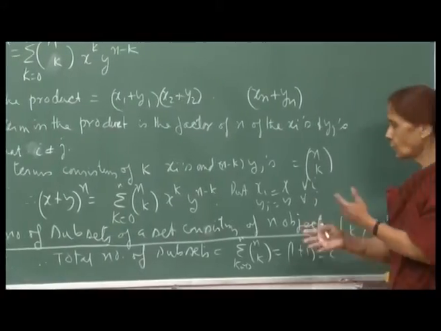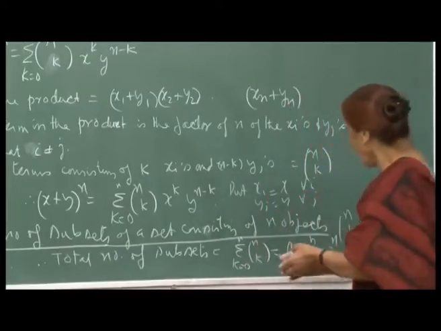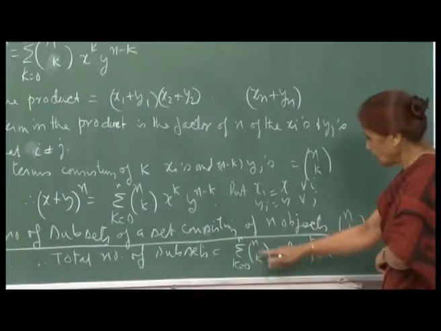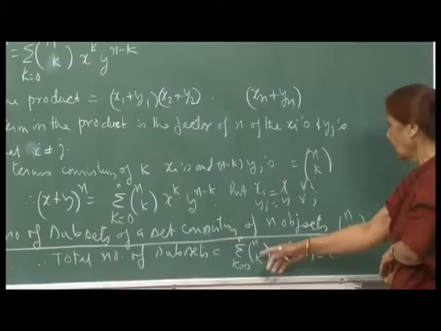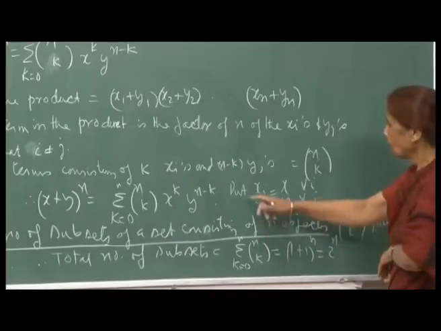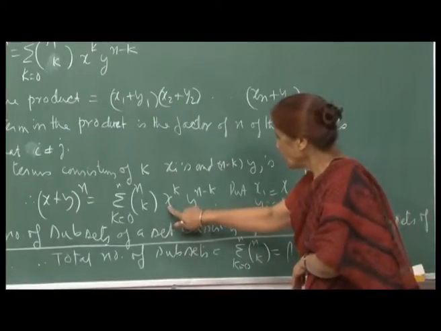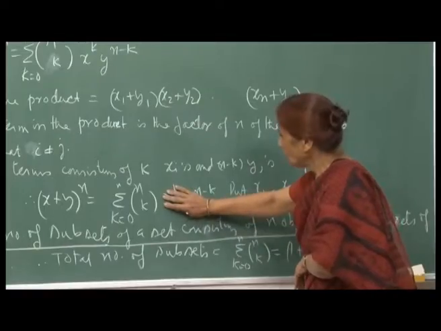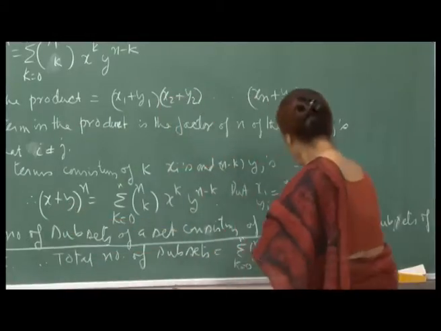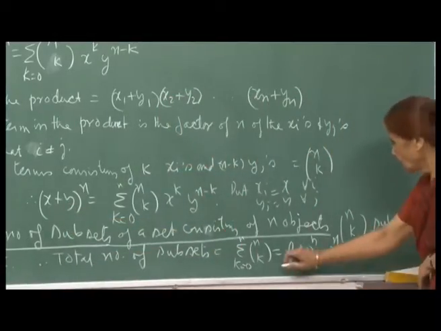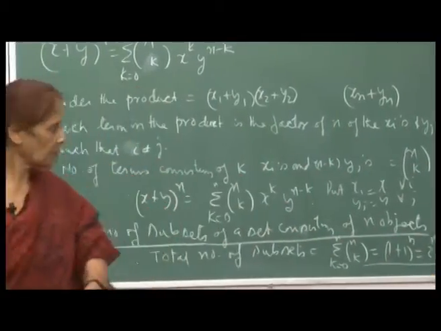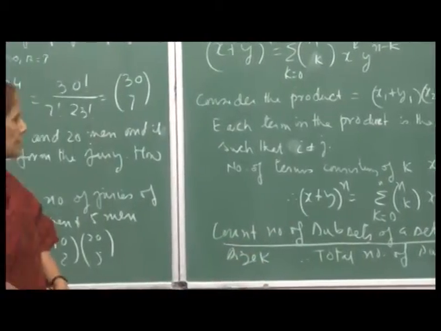If you want to count the total number of subsets that you can form of these n objects, since n choose k gives you the number of subsets of size k, you want to count this number n choose k with k varying from 0 to n. If you look at this expansion, essentially you are putting x equal to 1 and y equal to 1, so that this all becomes 1, and so you are summing up. On this side, when you put x equal to 1 and y equal to 1, this reduces to 2 raised to n. So, the total number of subsets is 2 raised to n. This is another nice way of counting the number of subsets that you can form given n objects.